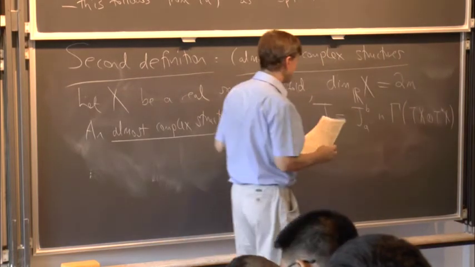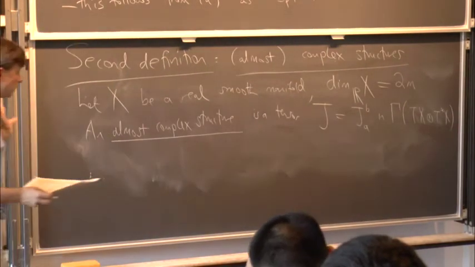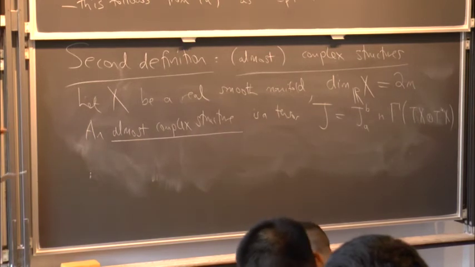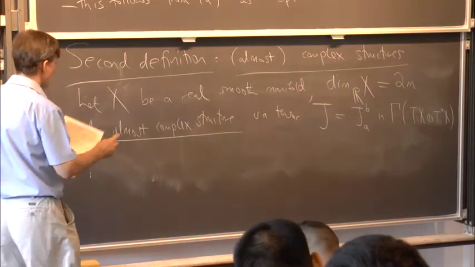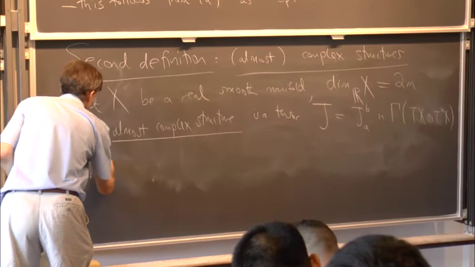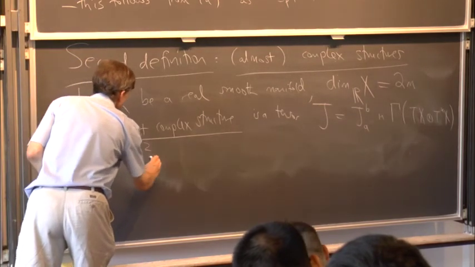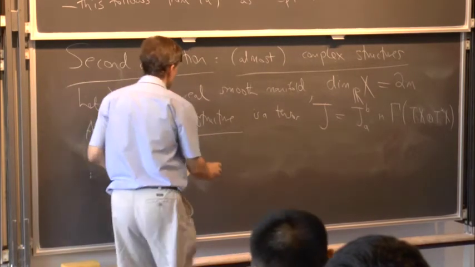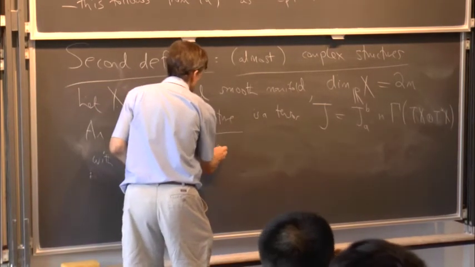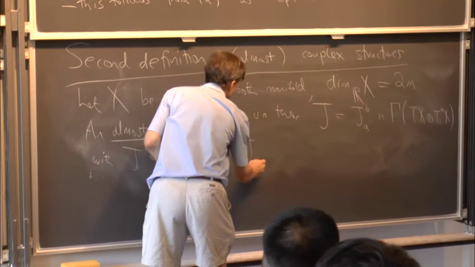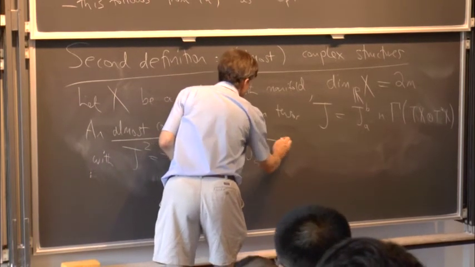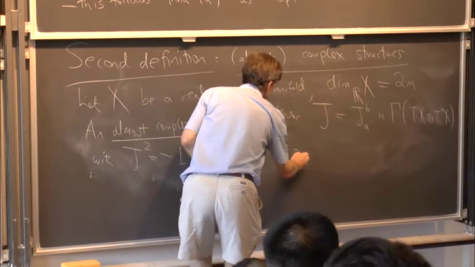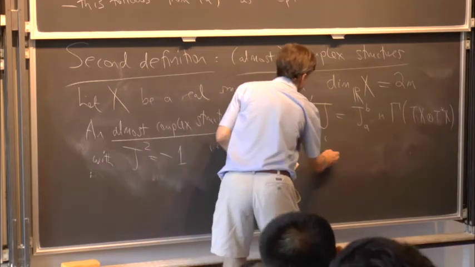We think about this as an endomorphism of the tangent bundle, something which maps from the tangent bundle into the tangent bundle. And as an endomorphism, it has J squared is minus 1, or minus the identity. Or in index notation, J_a^b J_b^c is minus delta_a^c.